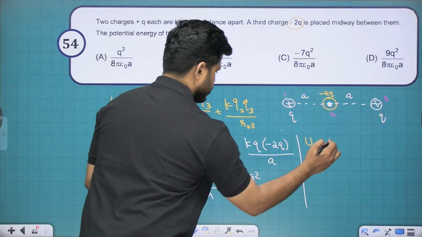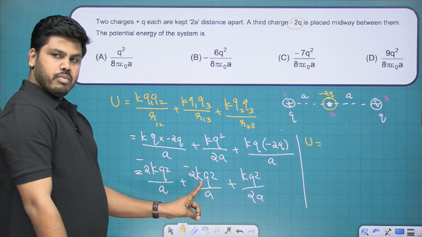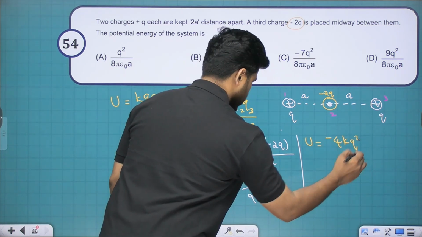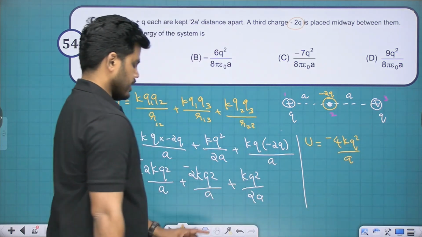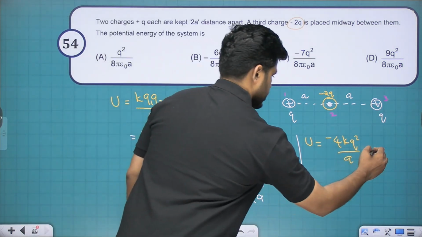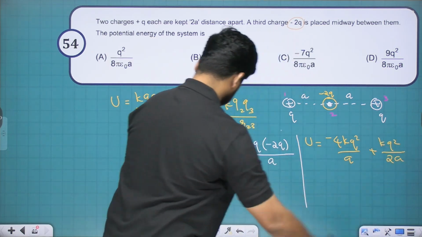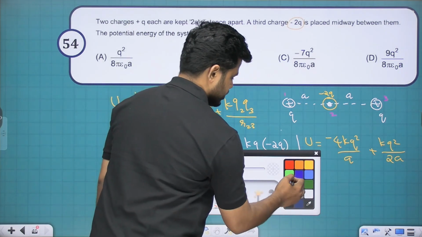We get potential energy is equal to minus 2Kq square by a, one more minus 2Kq square by a, we get minus 4Kq square by a, right? Then plus Kq square by 2a.